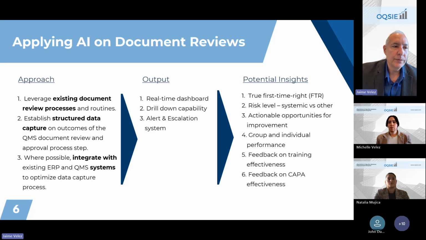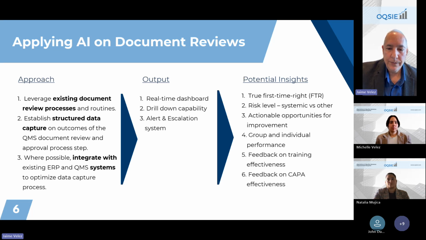Insights such as what you see on the right-hand side, an accurate view of first time right, a sense of risk levels of your different quality systems, performance at a group level, performance at an individual level, if your documentation is collecting the data or is able to collect the data that way.